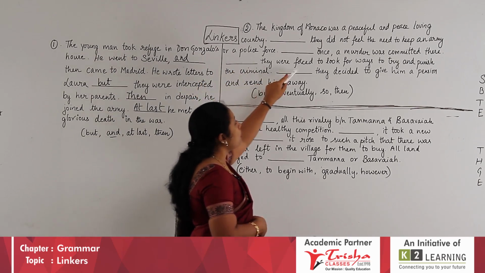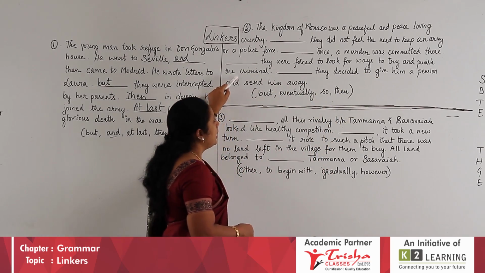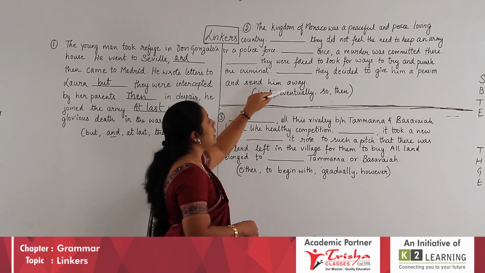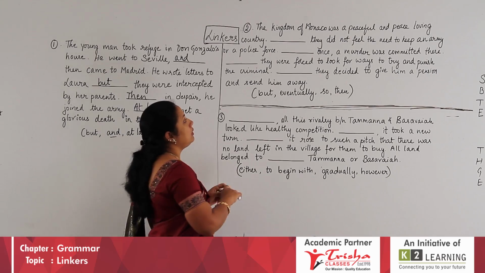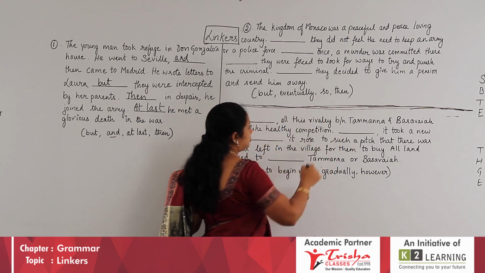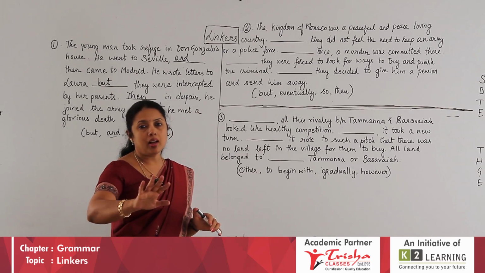Dash, they were forced to look for ways to try and punish the criminal. Dash, they decided to give him a pension and send him away. So these are the sentences, and the linkers are but, eventually, so and then. Eventually means finally, at last, in the end.